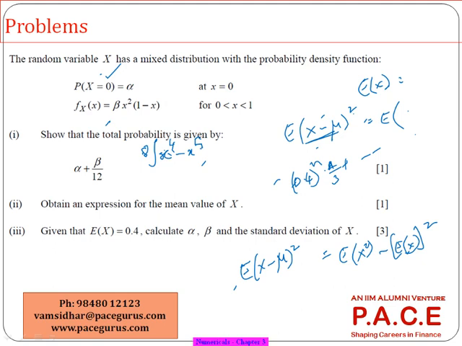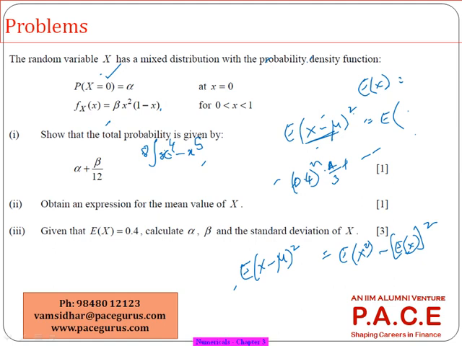This is giving me expectation of x squared minus expectation of x whole square. Or here also I do the same thing. X minus mu directly I will do. Right, because the variance is nothing but expectation of x minus mu whole square. X minus mu is already there, 0.4.